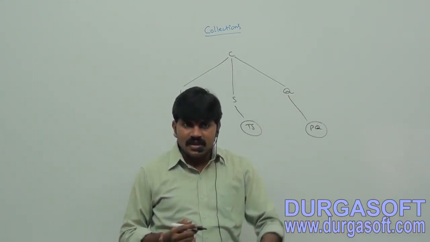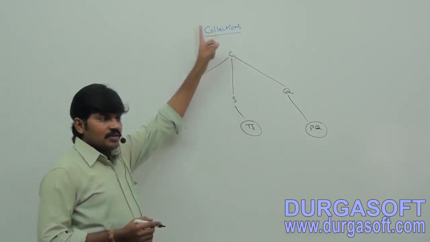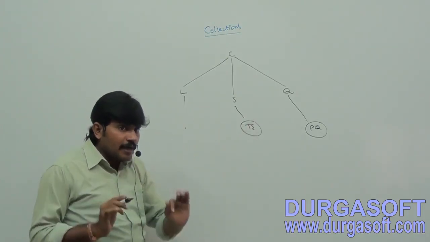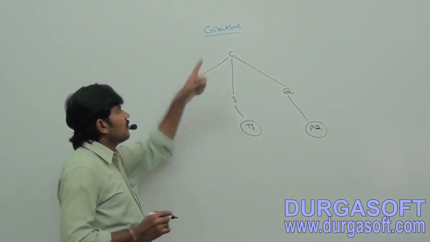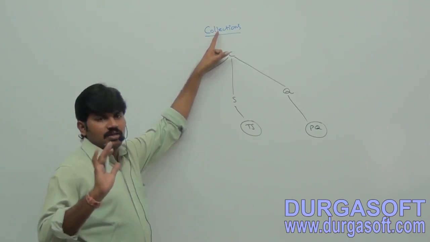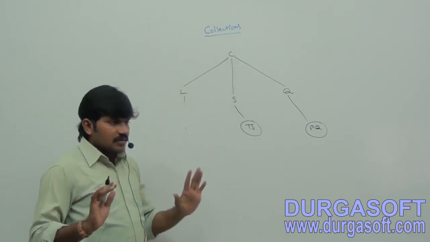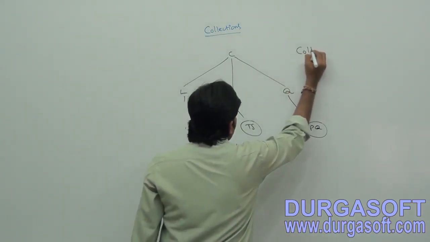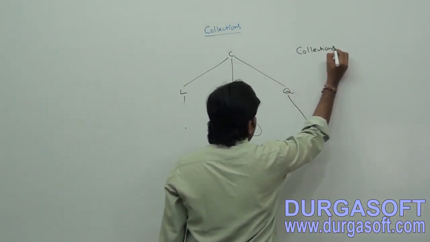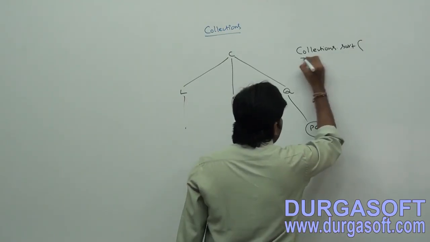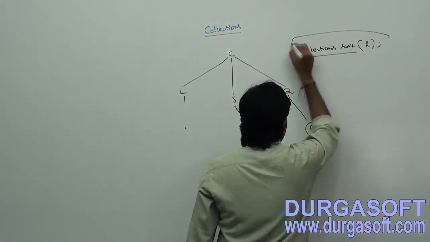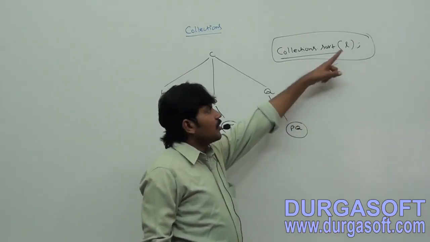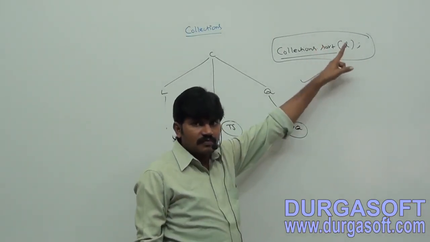How can you fill this gap? The Collections class defines a sort method for that. So with a normal collection, if gaps are there, they are filled by the Collections class, right? Sir, I have an ArrayList and I want sorting for it. Then what can I do? Simple: Collections dot sort of L, just pass the ArrayList object.